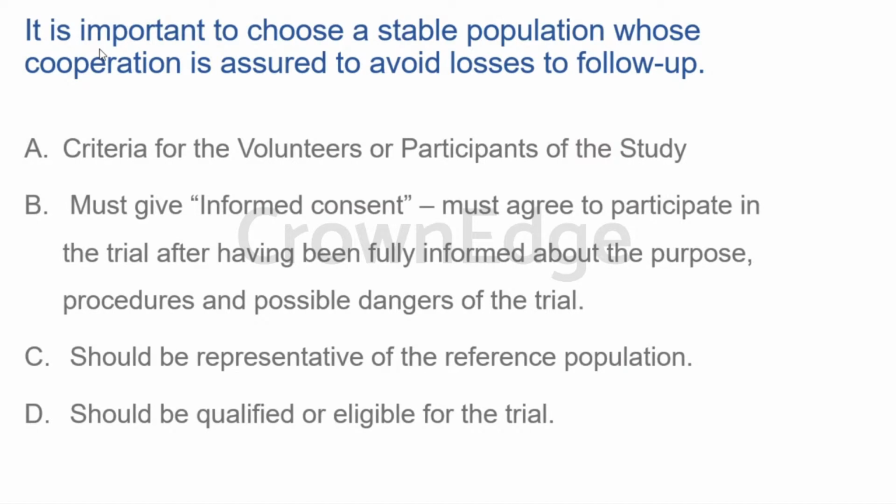If you have found a drug that is more efficient than the already existing drugs, you cannot test it on a healthy population, people who are not anemic. So people who are anemic are your major criteria, so that they are eligible or qualified to be included in your study. That's the meaning of qualified or eligible.